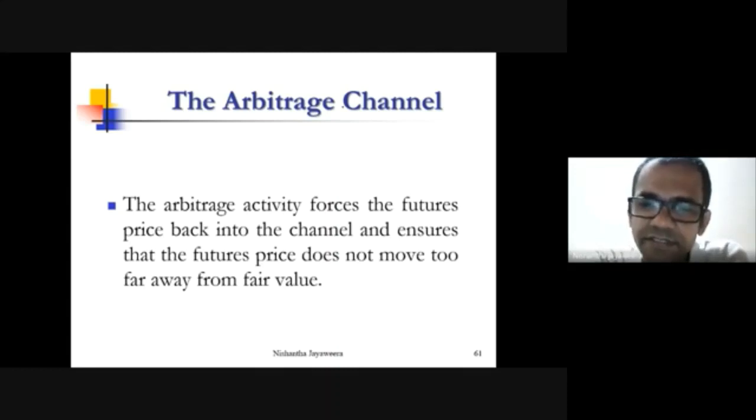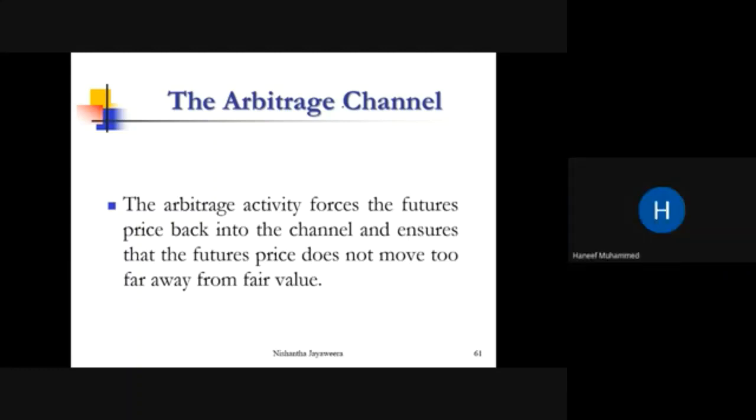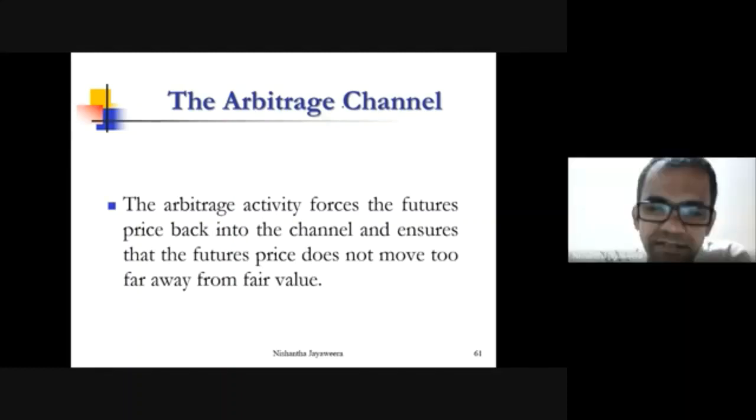But the thing is, there are frictions in the market. Not everyone has access. For example, consider the Sri Lankan domestic forex exchange market. If you see a forward price is away from the fair value, to exploit that, you should be able to borrow rupees at the same rate that you apply to calculate the forward. Then there should be foreign currency available, either to buy or sell in the spot market.